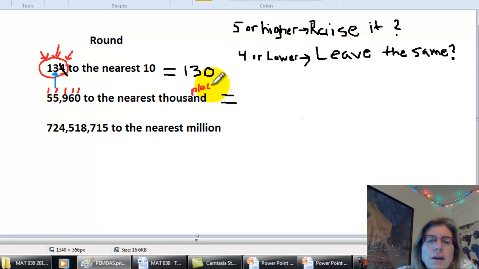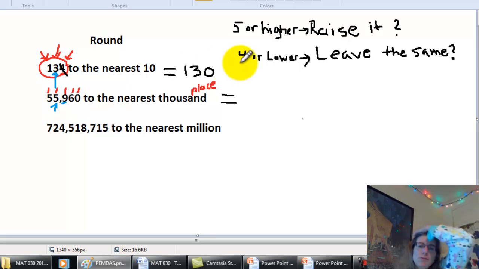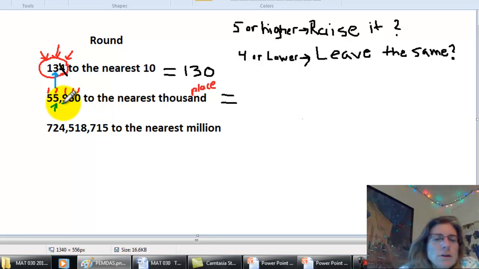So you're going to find that number. That number is a 5 in the thousands place. So you look to the right of the 5, which is that number, and decide, is this number 4 or lower? No. Is the number 9 5 or higher? Yes. So you raise the 5.